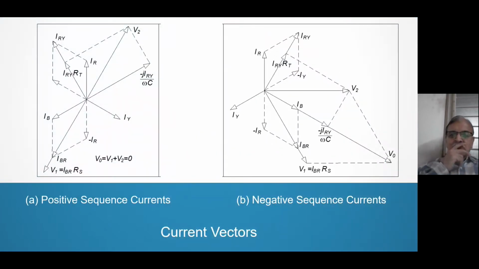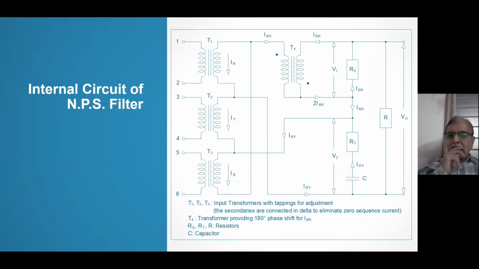If you see RT and RS and C, the relations are very specific. Relations are very specific.